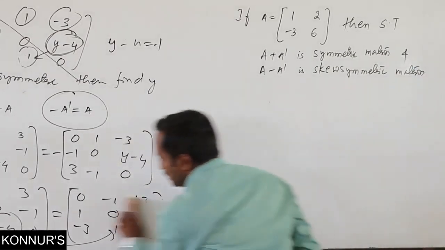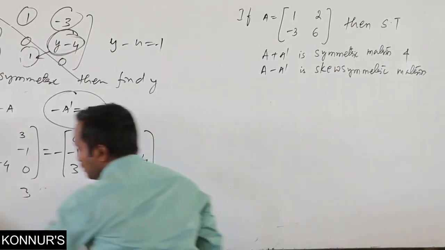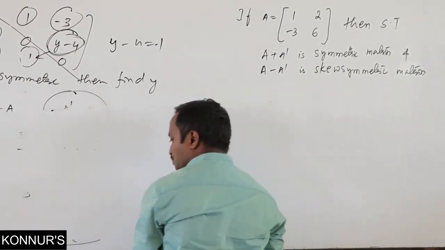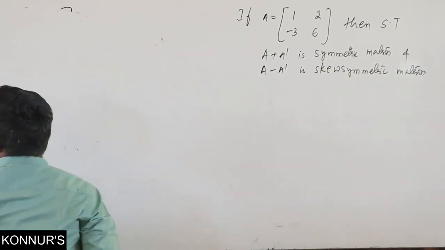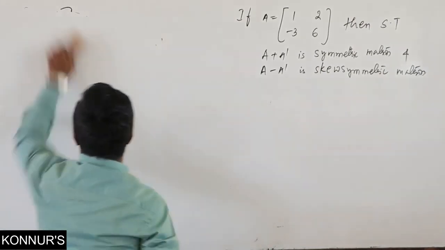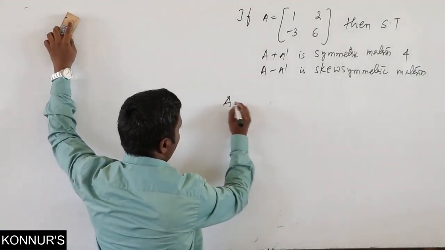We have to show this in the given question. It is a square matrix of order 2. Now find A plus A dash.